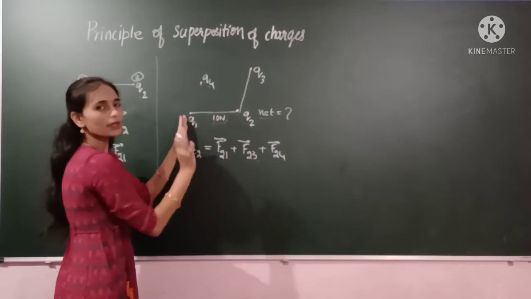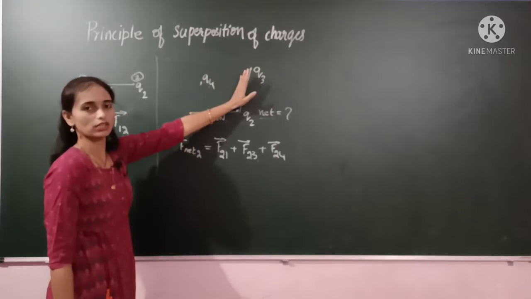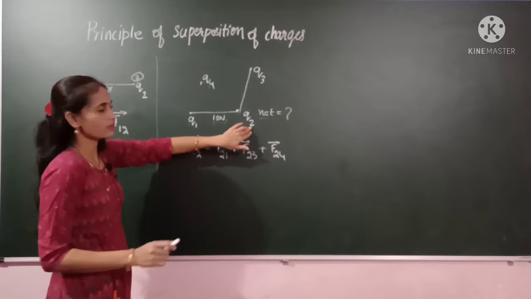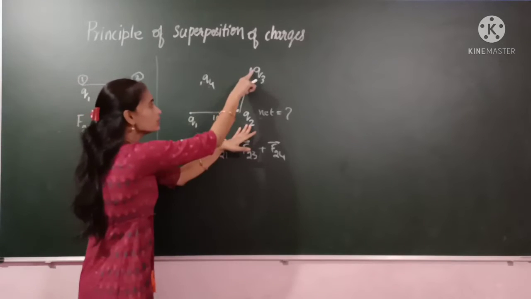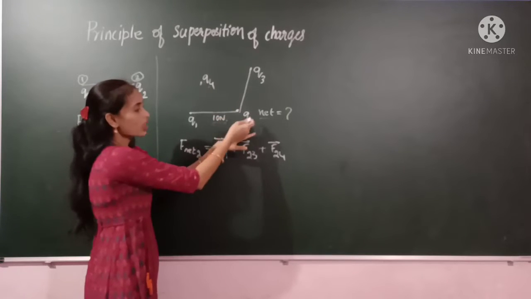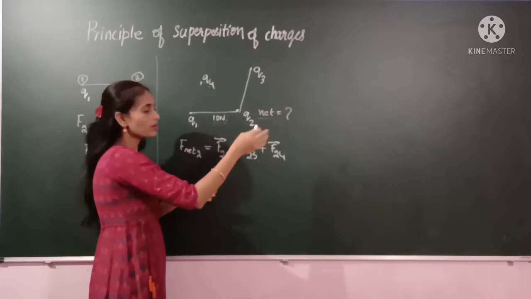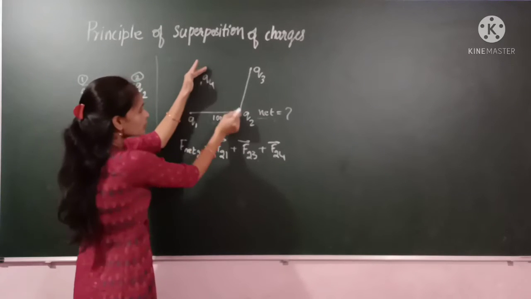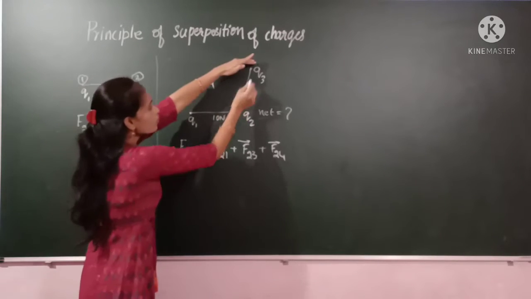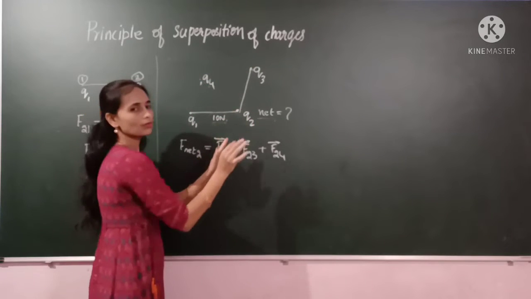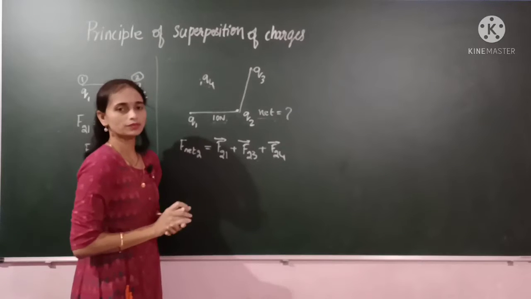This force will not be affected by the third charge. But the net force on this charge will be different, because this charge is also applying force, and this charge is also applying force on it. So the net force will be different, but the force between these two will remain the same. Understood?